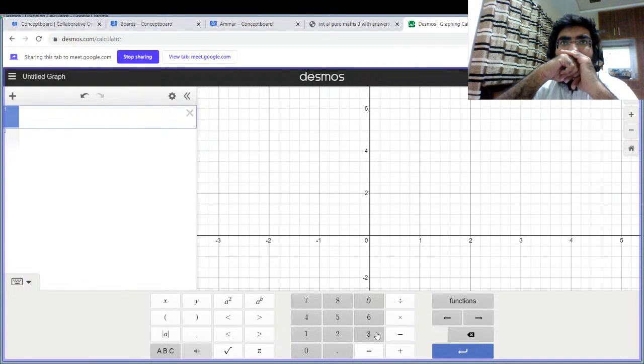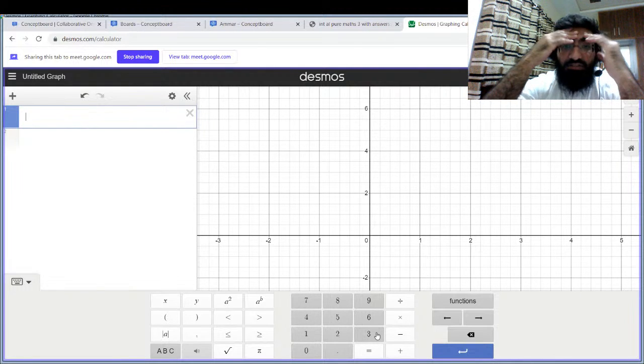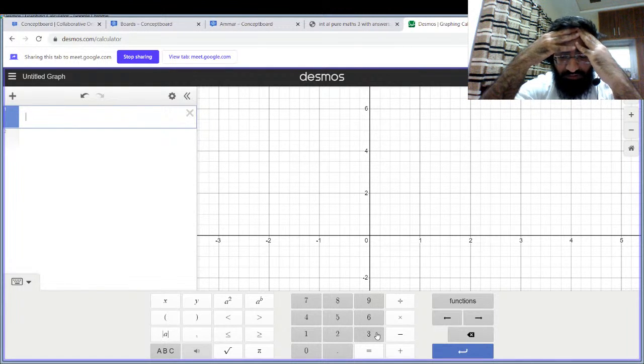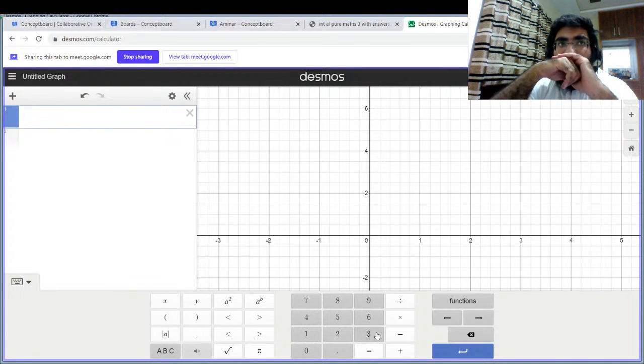Now what? If we take x is equal to 0, then the answer will be 0 because cos inverse of 1 is 0. So at 0 I've got 0 for this one. Then at 1 what do I get?